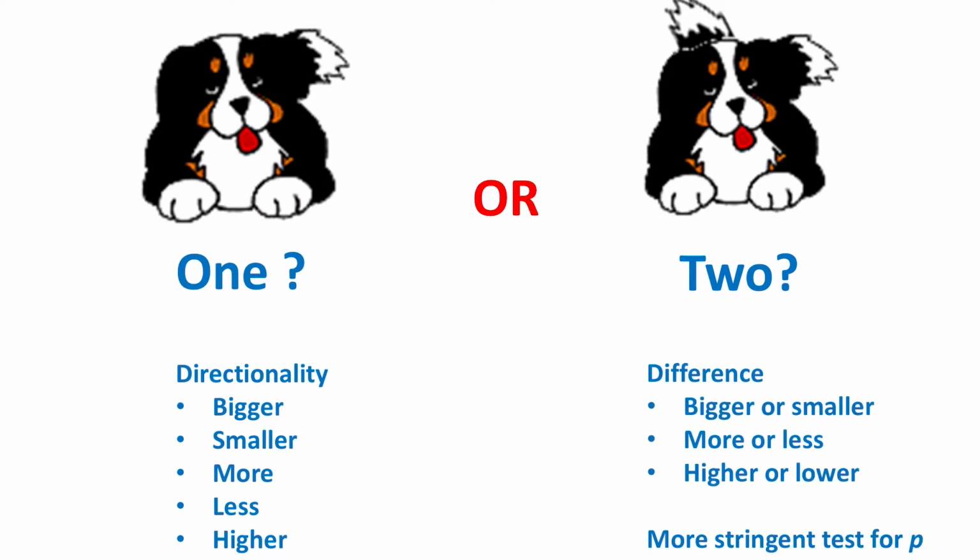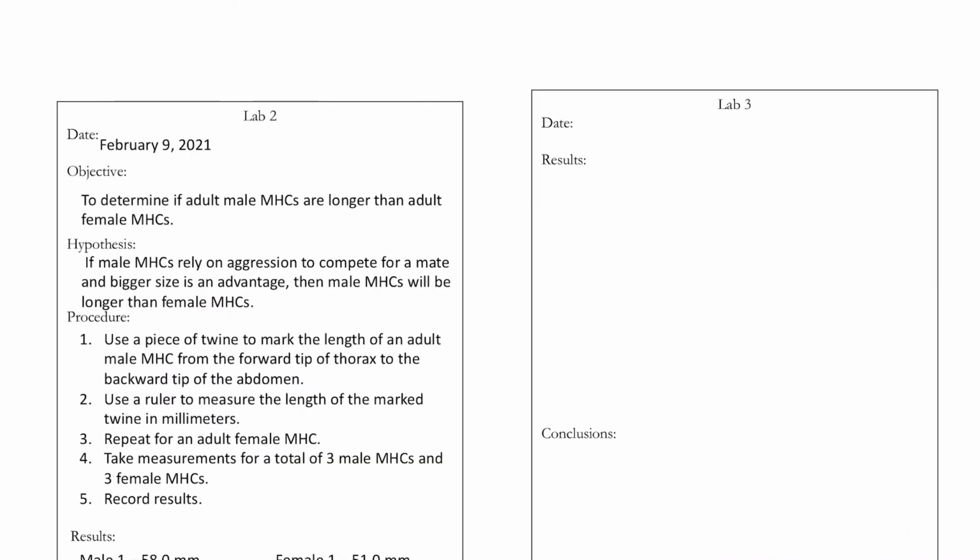Whereas with a two-tailed t-test, you're stating that there is a difference, but you don't really know what it is yet. So you're saying that one is probably bigger or smaller, more or less, higher or lower, but you don't know what it is. This does provide a more stringent test for p. So sometimes if your t-test does not work for a one-tailed, it sometimes will work for a two-tailed, okay? So keep that in mind. But for documentation, we are going to look at it in here as well.